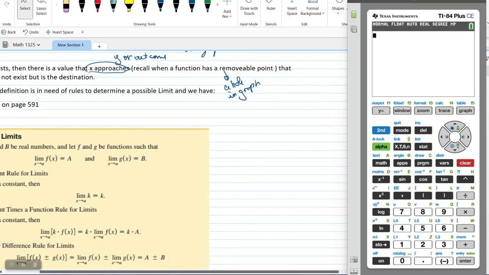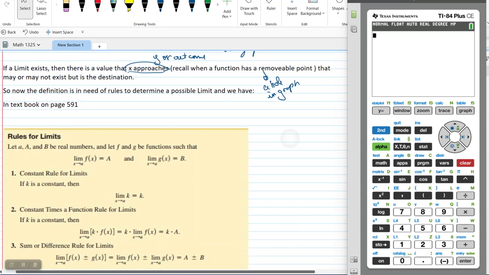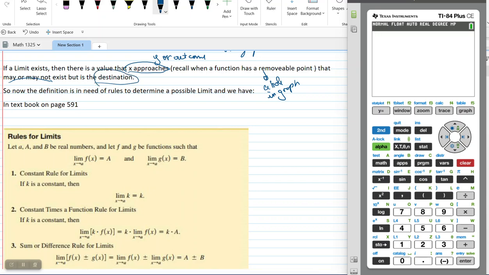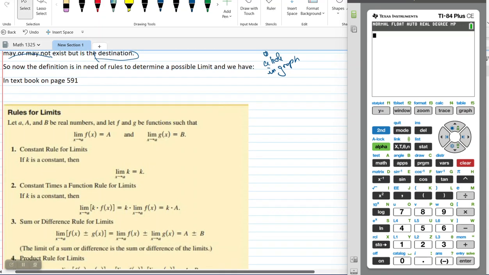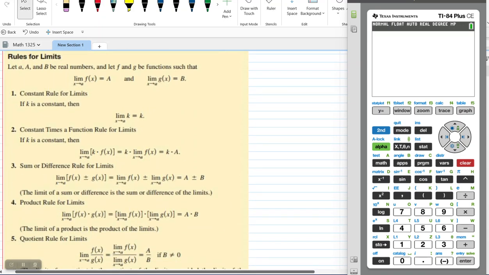At that point, the function may or may not exist, but it is a destination. In other words, that's where it's going or driven to. So the rules of limits are listed here.